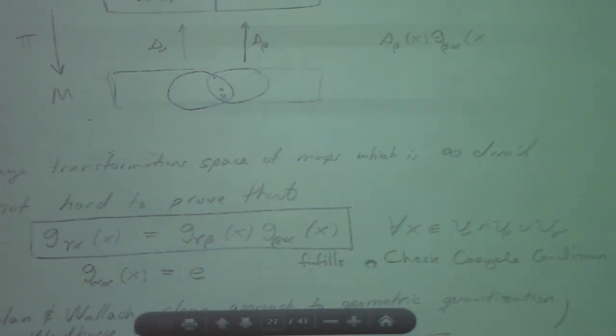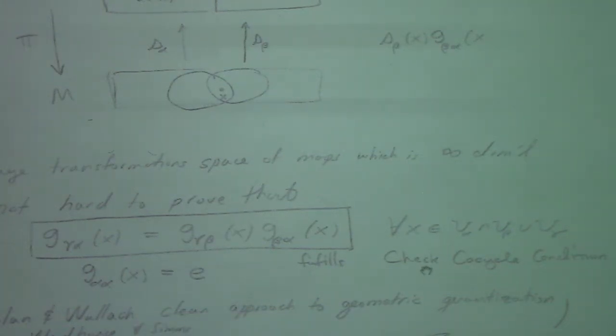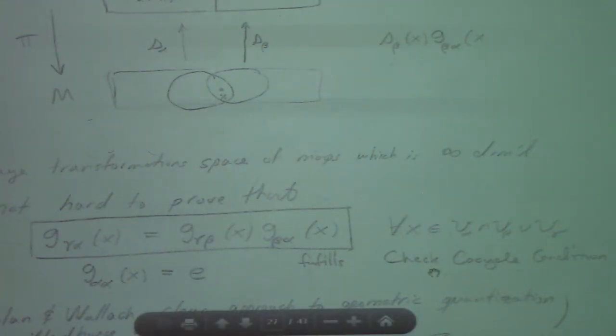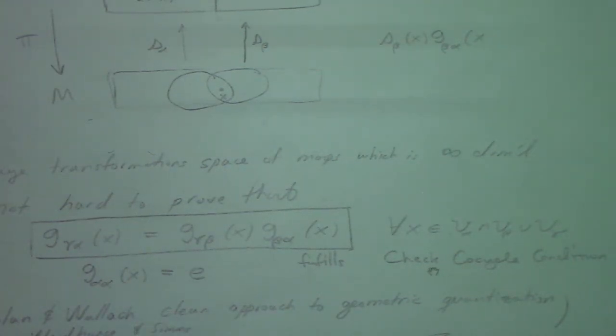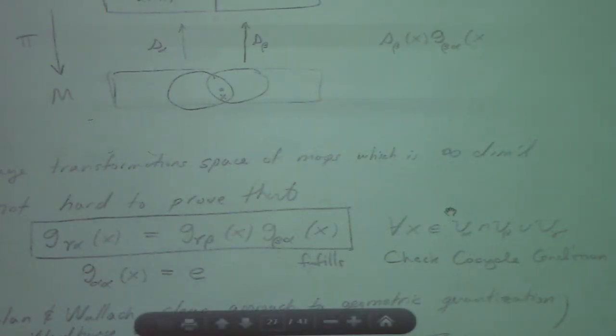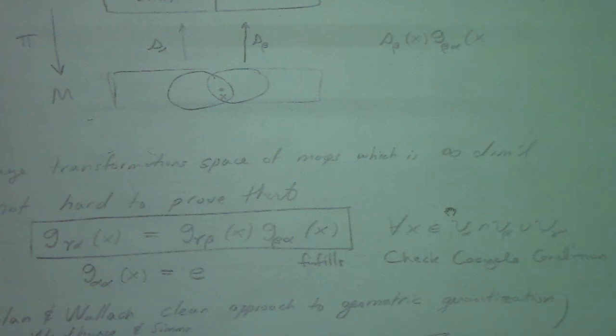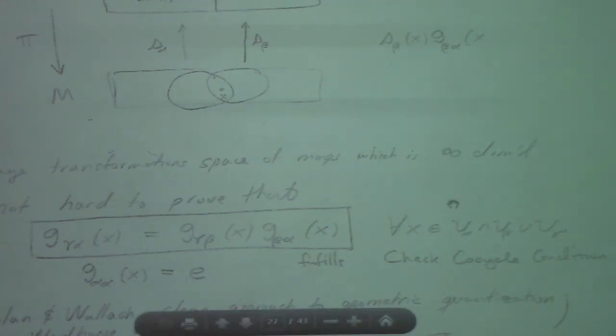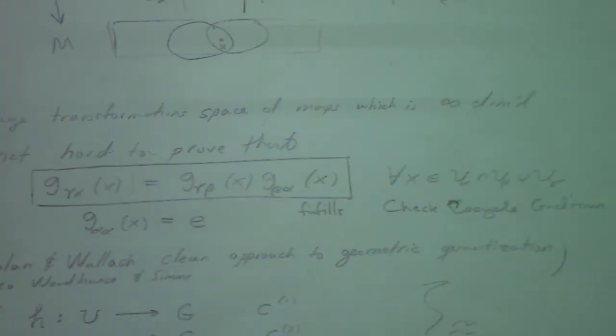And this is not "check." That is not how you spell Čech. It's the Čech cocycle condition. Čech is a name, it's not like "check." Sorry.